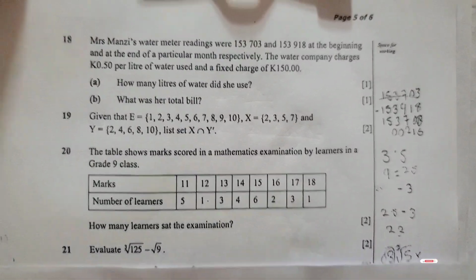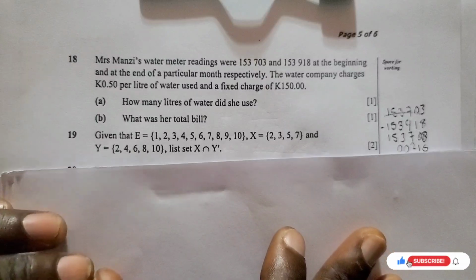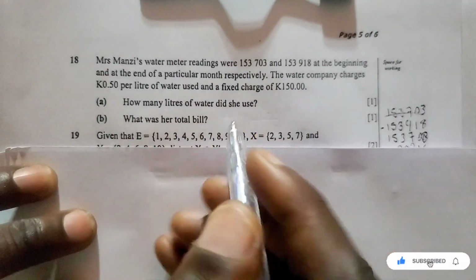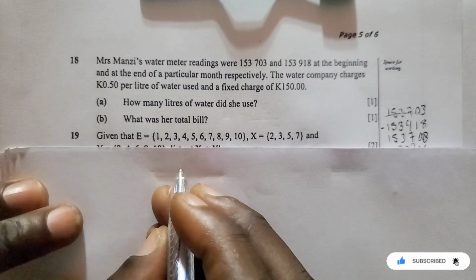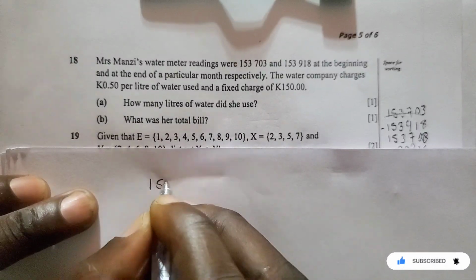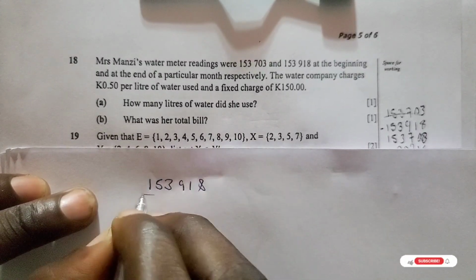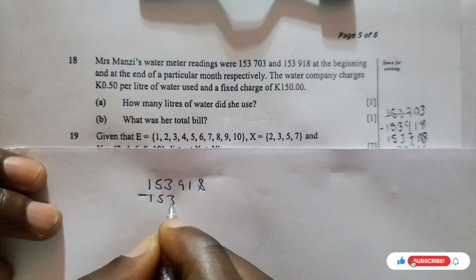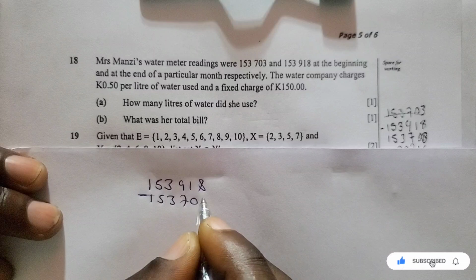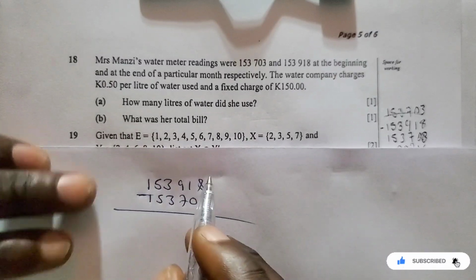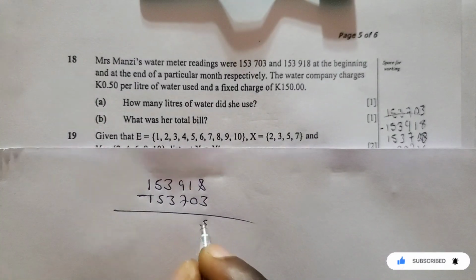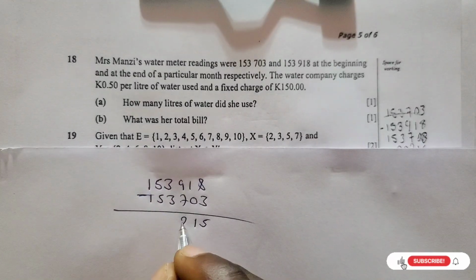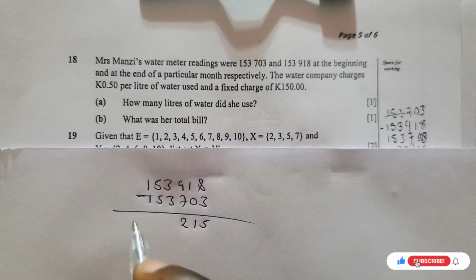So to find the volume of water she used, we're going to subtract the volume of water at the beginning of the month from the volume at the end of the month, which is 153,918 minus 153,703. So 8 minus 3 is 5, 1 minus 0 is 1, 9 minus 7 is 2, and this will give us 0, 0, 0, 0, 0.